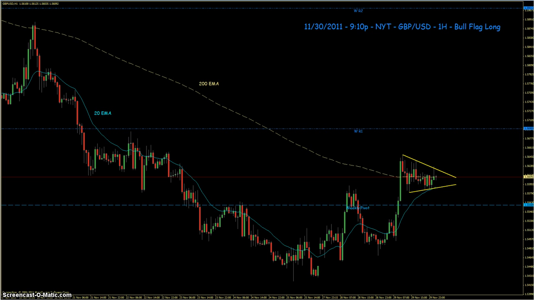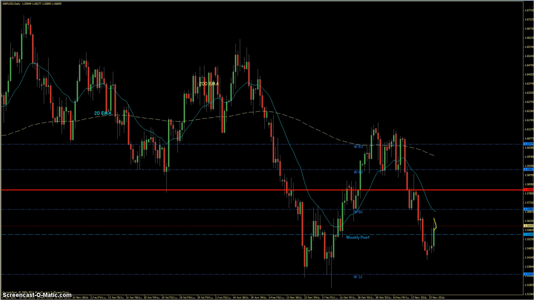some sort of a retrace, and then a continuation. In order to maintain good money management, it's a good idea to identify a few other levels of support and resistance, or supply and demand, beyond just the weekly or monthly pivot points that I've indicated here. What I do for that is simply zoom out. This is a daily chart. I try and find that area that I think really creates a good solid area of support and resistance.